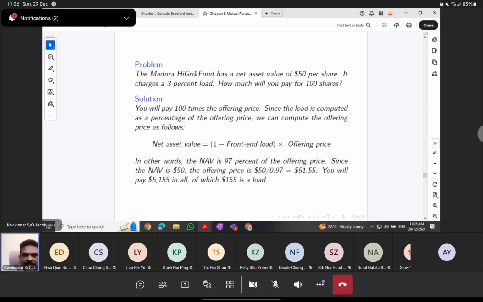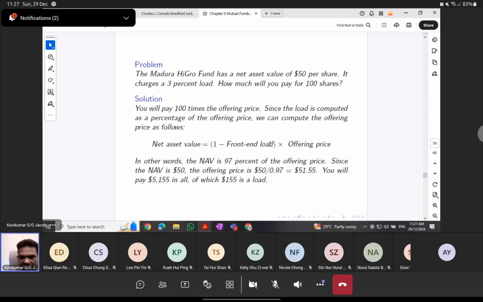The Madura High Growth Fund has a net asset value of $50 per share. It charges a 3% load. How much will you pay for 100 shares? You will pay 100 times the offering price. Since the load is computed as a percentage of the offering price, we can compute the offering price as net asset value equal to 1 minus the front end load.